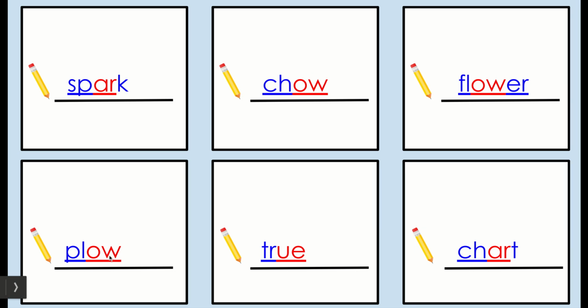The next word, plow. PLOW. The letter pair PL and the letter pair OW. If you hear the owl sound at the end of a word, it will be OW versus OU, like in the word cloud. The ow sound at the end of a word is spelled OW.